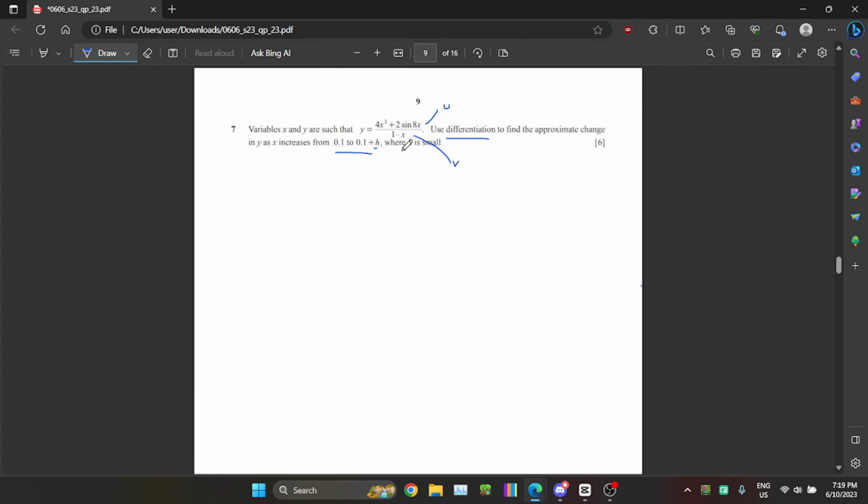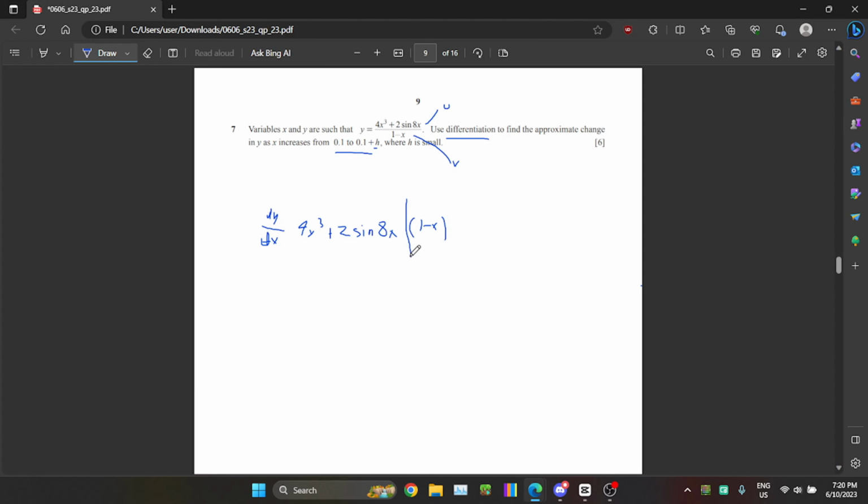To do it for fractions, we differentiate the top, so dy/dx for x^3 plus 2 sine 8x, multiplied by just 1 minus x.